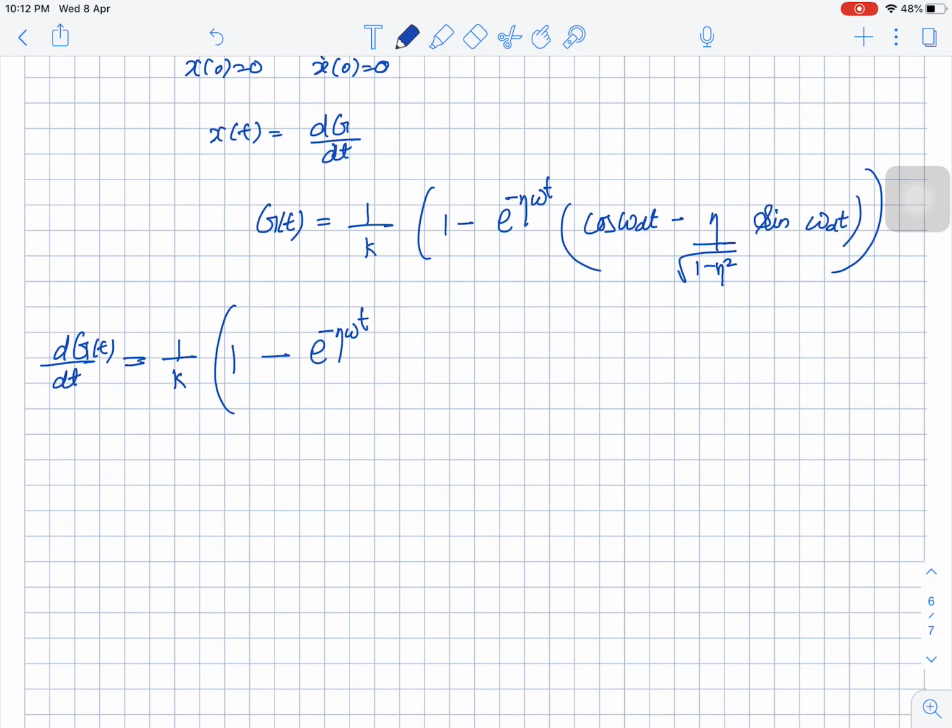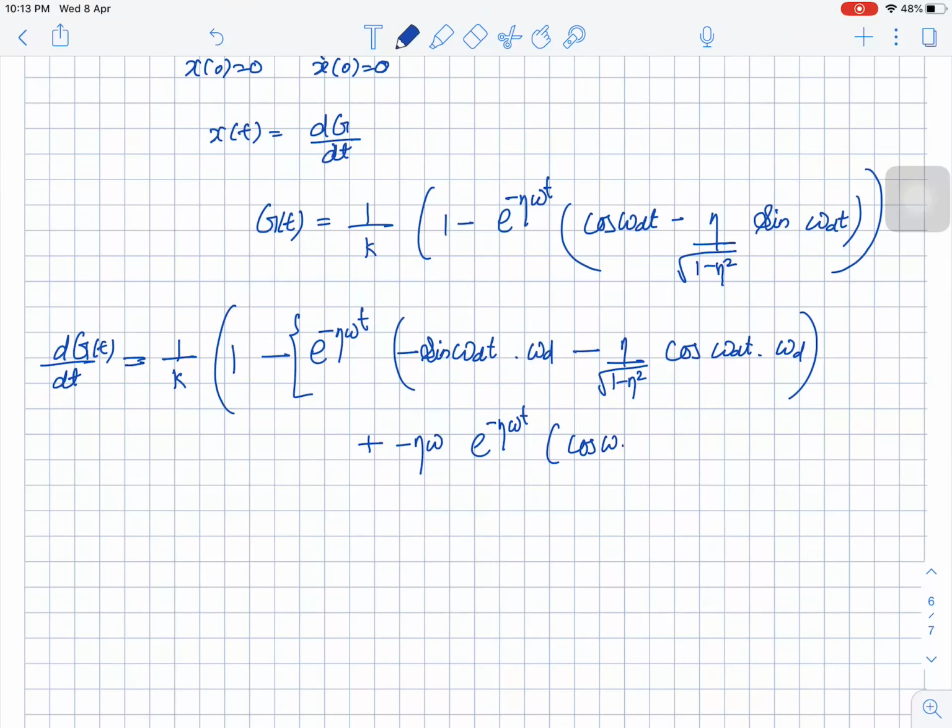So cos means sin omega dt into omega d, minus eta by square root of 1 minus eta square, cos omega dt into omega d, plus, we need to put some brackets, minus eta omega e power minus eta omega t, cos omega dt minus eta by square root of 1 minus eta square, sin omega dt.